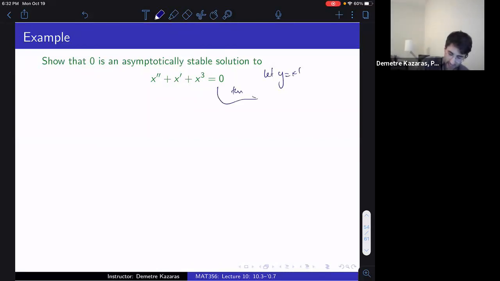Then this becomes the system: x prime is equal to y, and y prime is equal to minus x prime, which is y, and then minus x cubed.